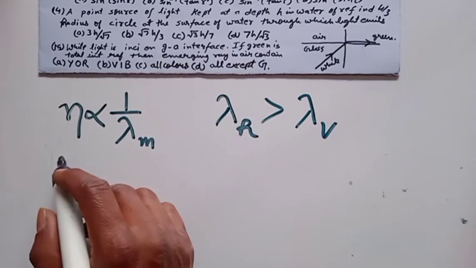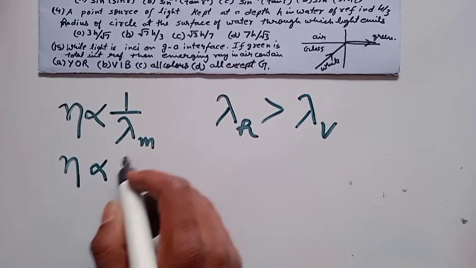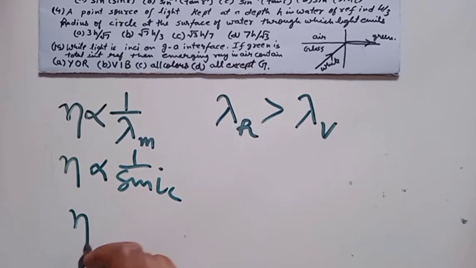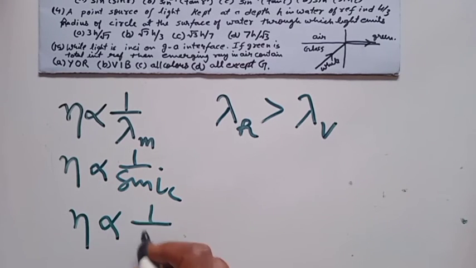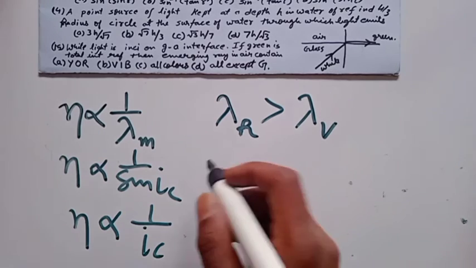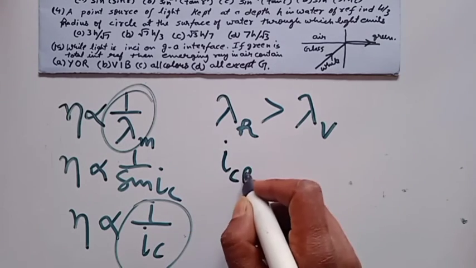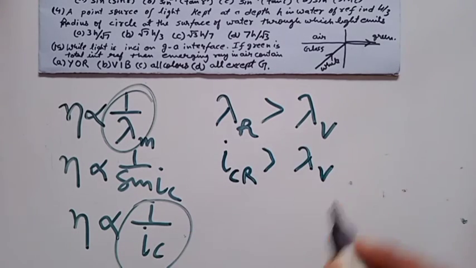So next thing, refractive index is inversely proportional to critical angle. Not technically, but I can say that. So from here and here, we can conclude that the critical angle for red is greater than the critical angle for violet.